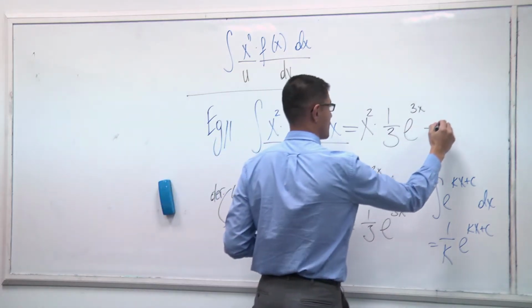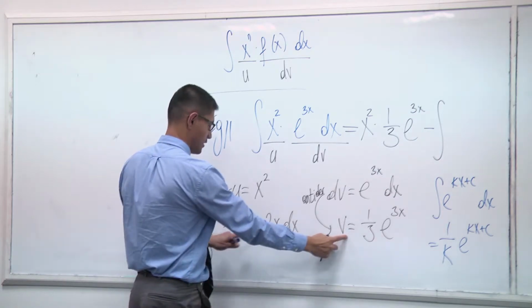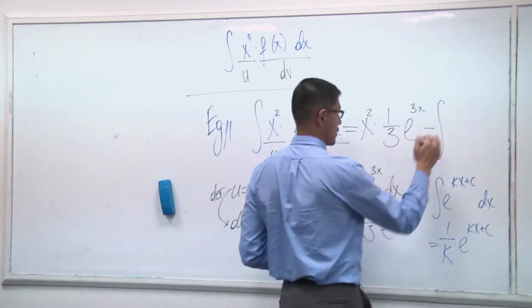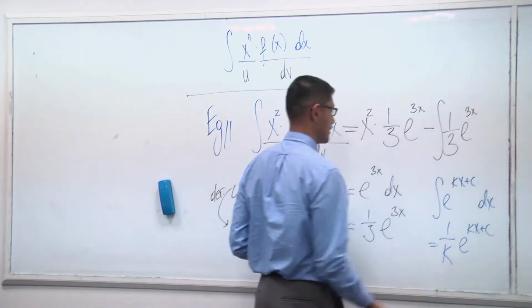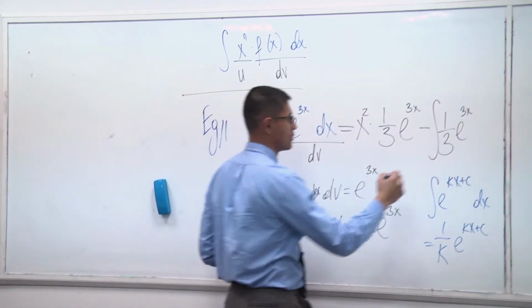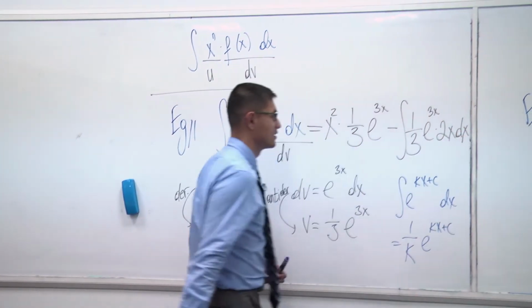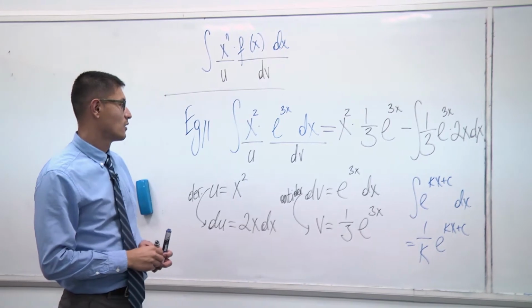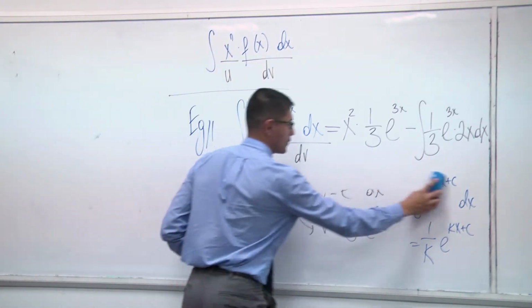And then minus the integral of v du. So that would be 1 over 3 e to the 3x times 2x dx. Okay, so now let me erase this so we can continue.